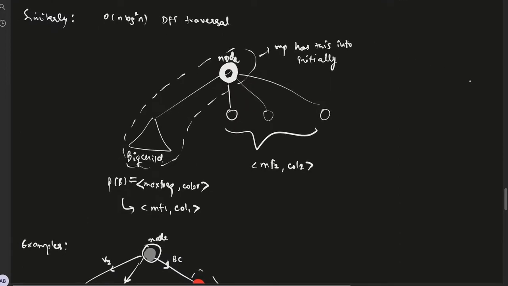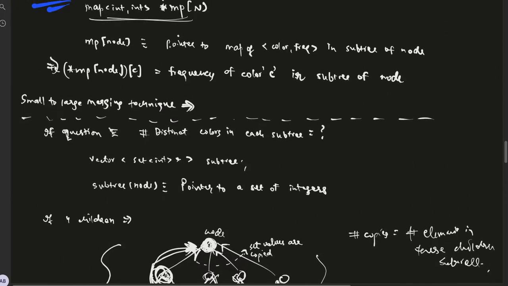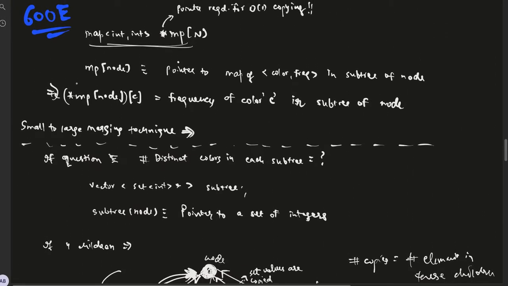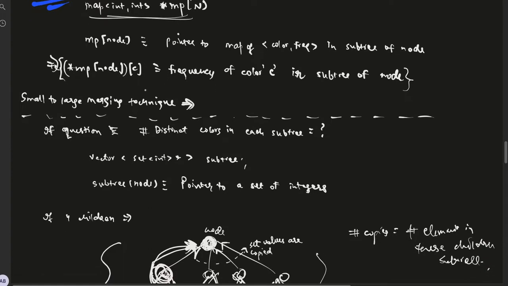From this complexity analysis, we can see that the whole DFS traversal would take order of n log squared n time. Now moving on to this question, as we had discussed, we need to maintain this structure mp, where mp[node][c] would give us the frequency of color c in the subtree of node.